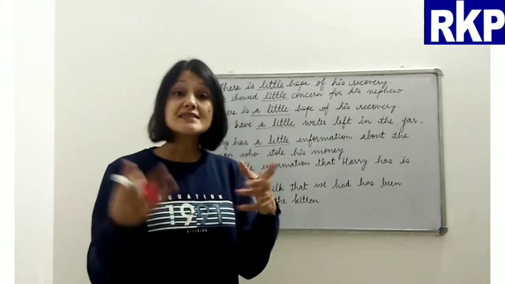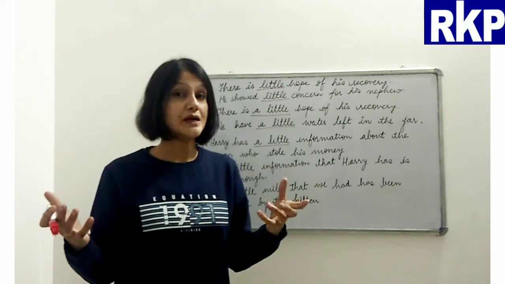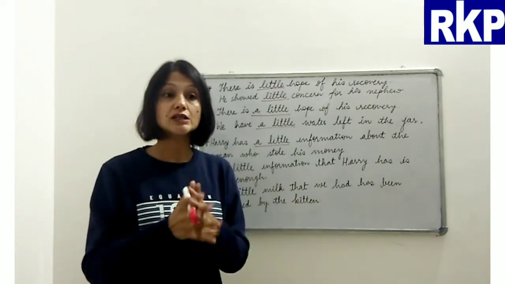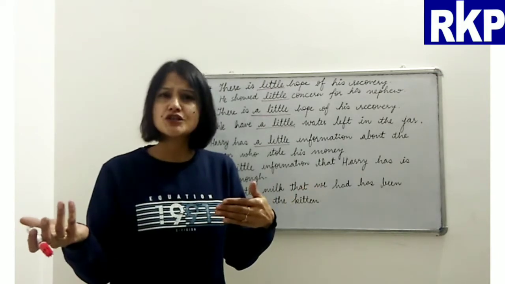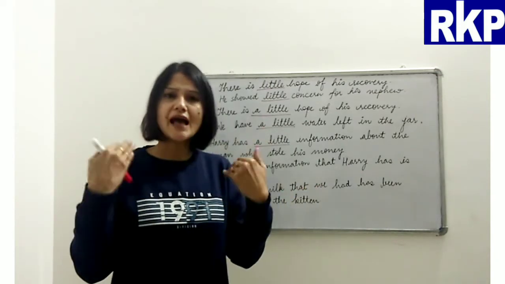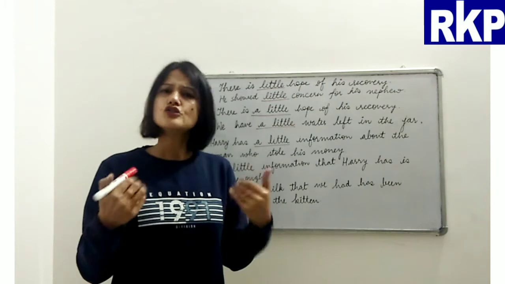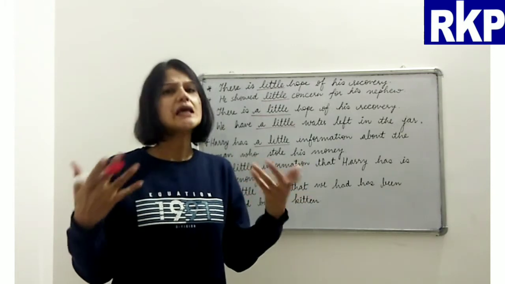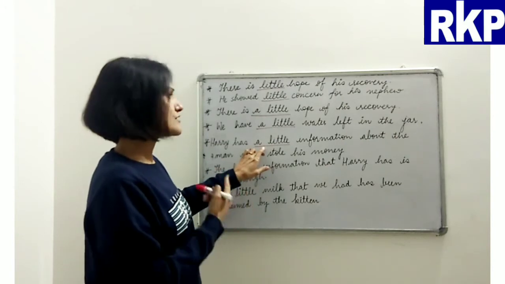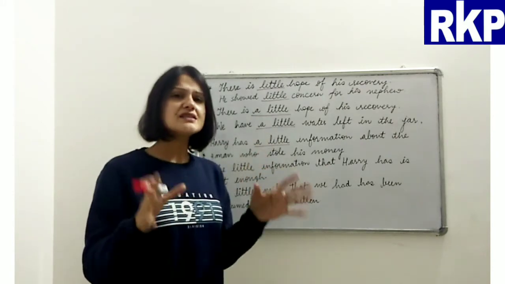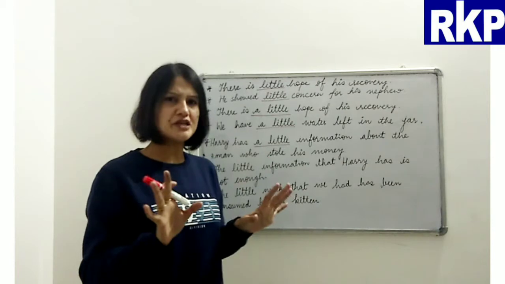Now he has some information about that person, like the name or his age or how he actually looks. So this basic information he knows, right? That is why a little has been used. That means he has some information with him.